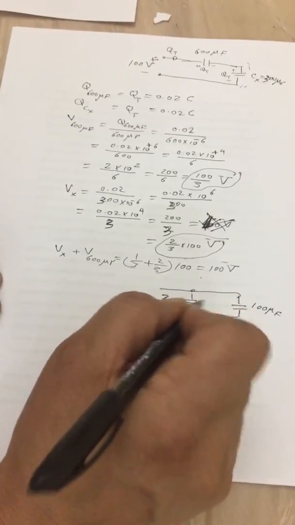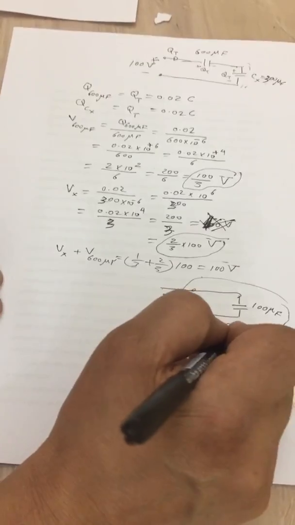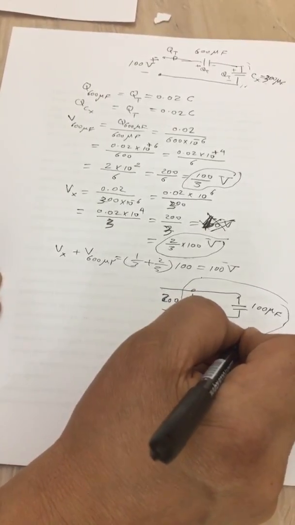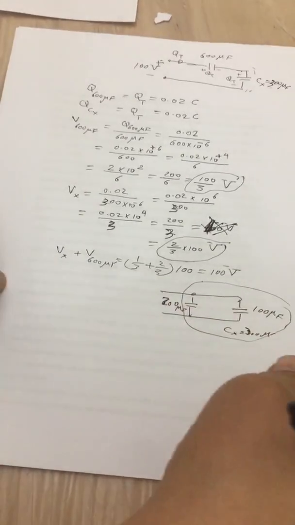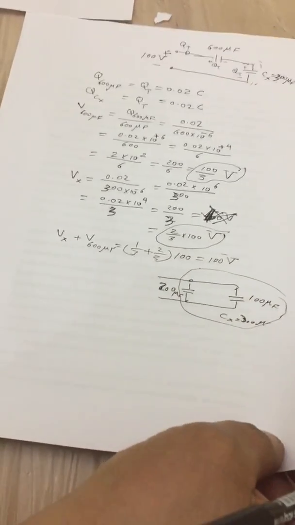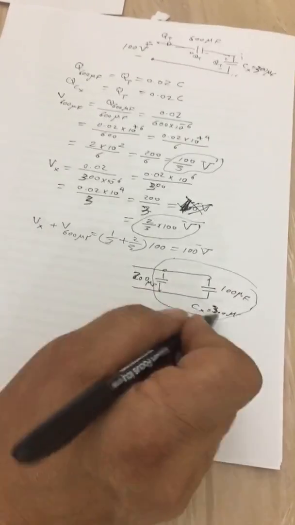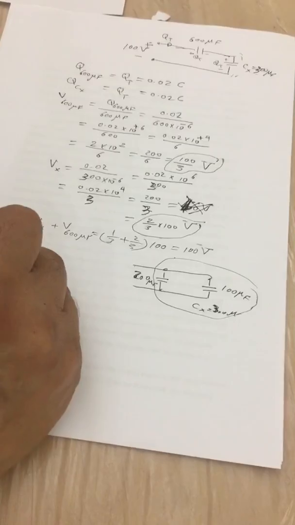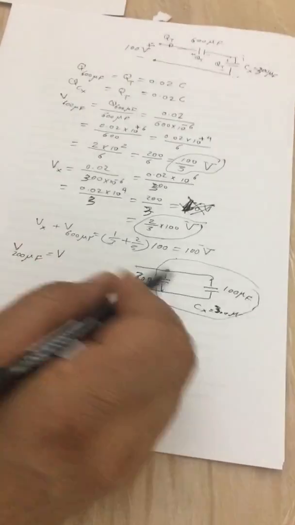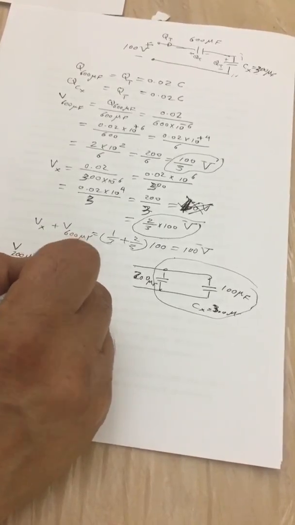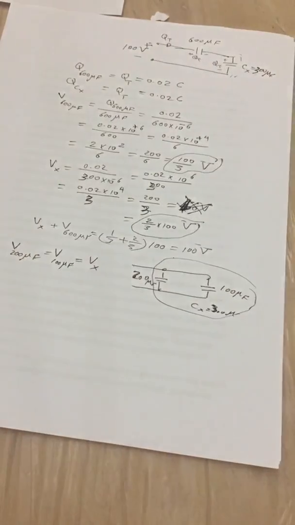Okay, so this is actually Cx, which is equal to 300 microfarad. Now, V of 200 microfarad equals V of 100 microfarad, because they are connected in parallel.